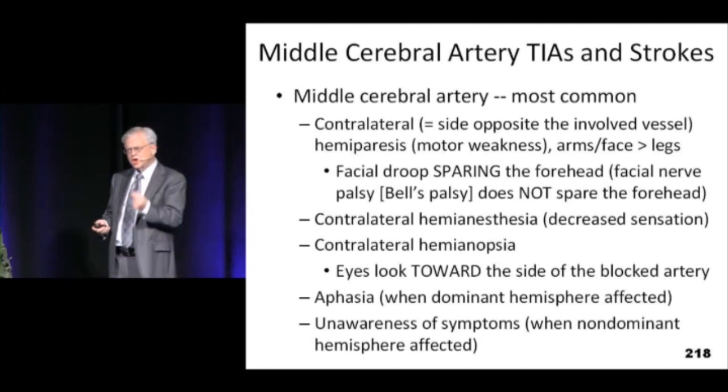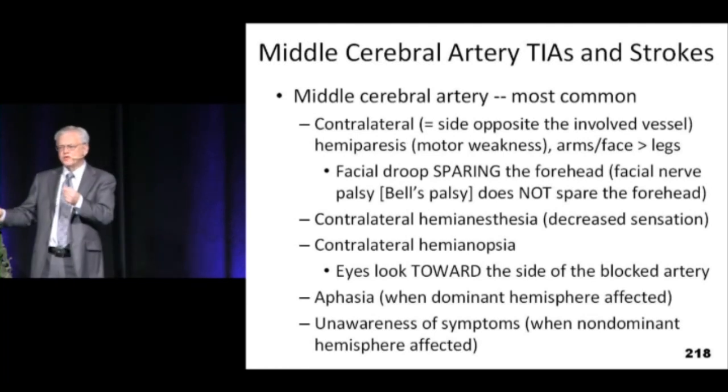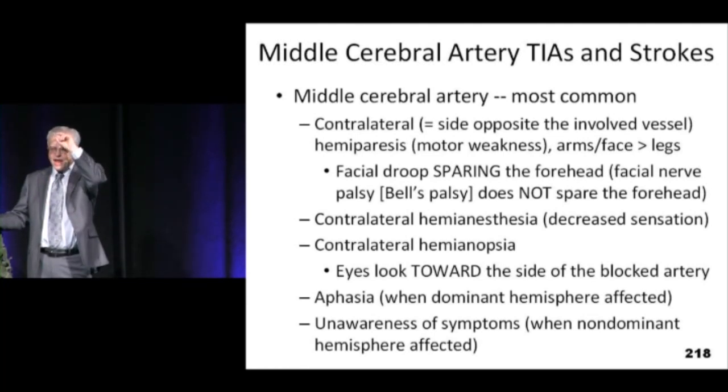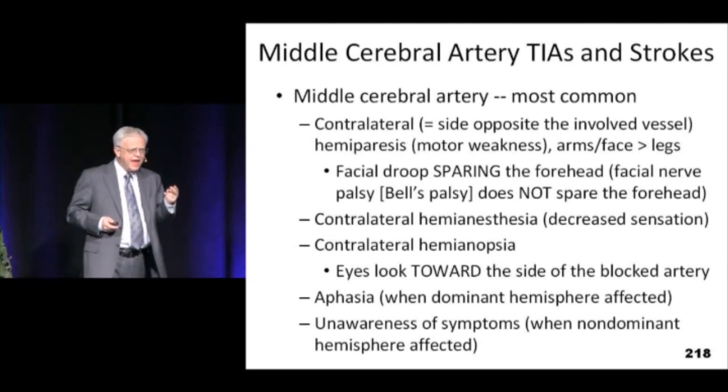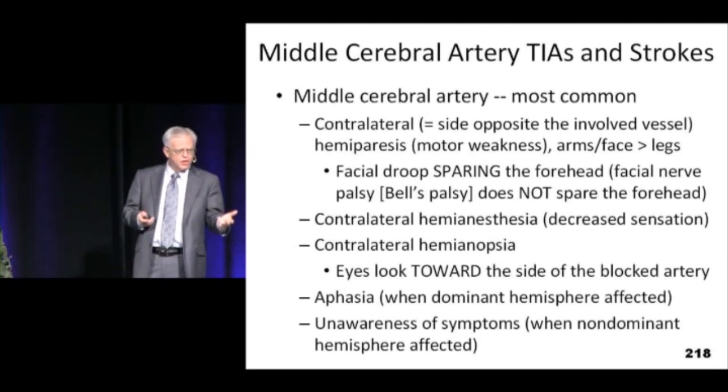Because stupor and coma require that you've affected not just one hemisphere, but something posterior. Most people who are in coma have involved both halves of the brain in one way or another. Coma is a bad finding.